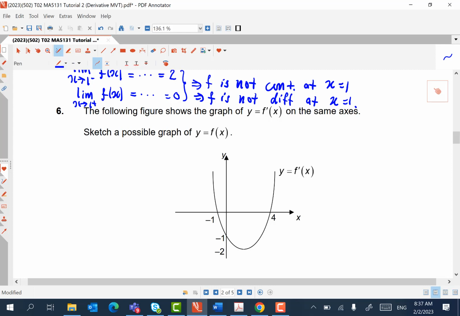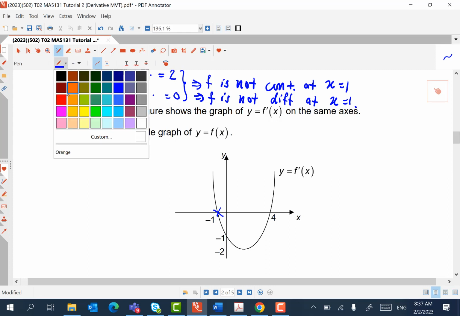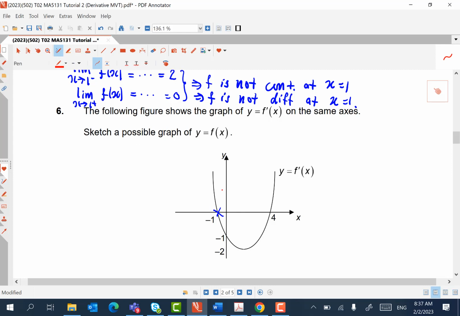Okay. Right. To draw the original graph, I think he did it rightly. He identified that at this point, given that the gradient graph changes from positive to negative, it must have a maximum point over this region.